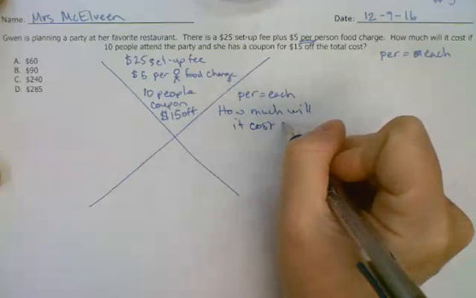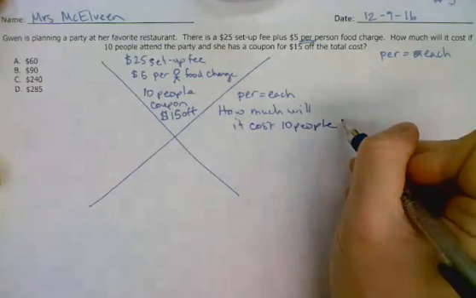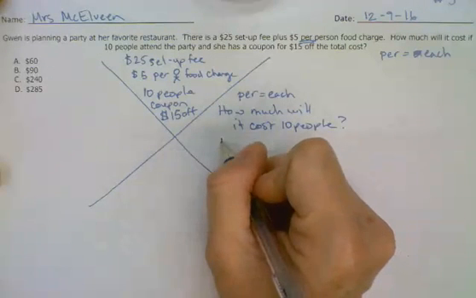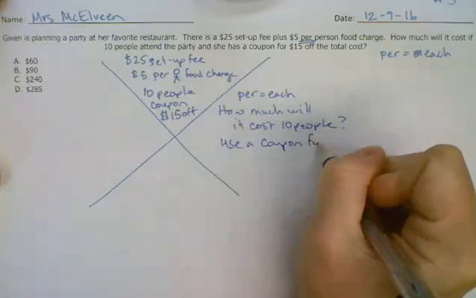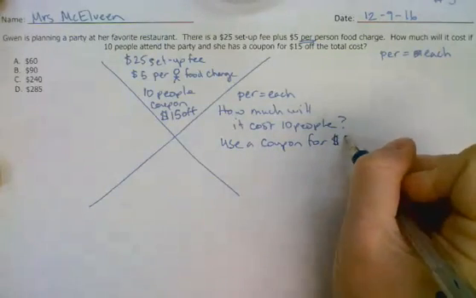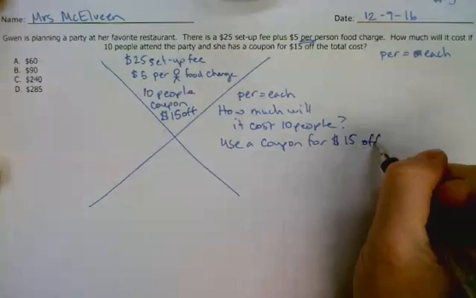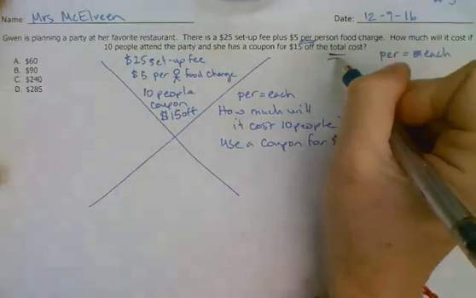For 10 people. And then she gets to use a coupon for $15 off the total. That's an important word too.